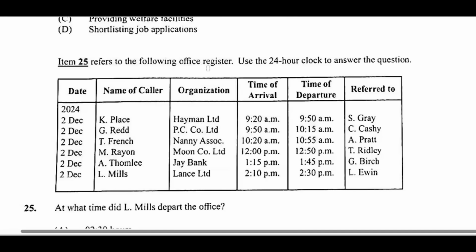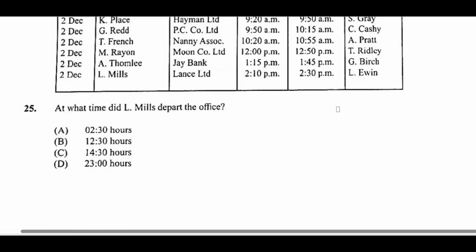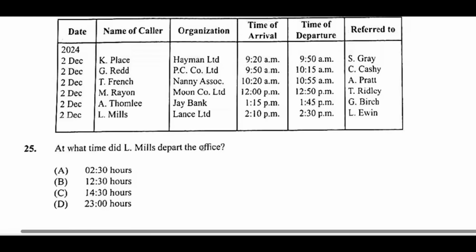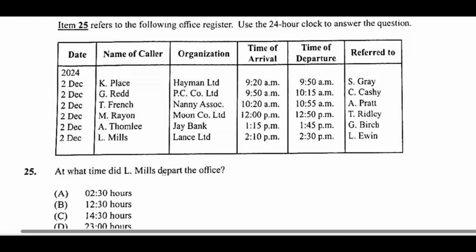25 refers to the following office register. Use the 24-hour clock to answer the question. At what time did L. Mills depart the office? So we're looking for L. Mills. What time did he depart? He left the office at, time of arrival is 2:10, and he left the office at 2:30.